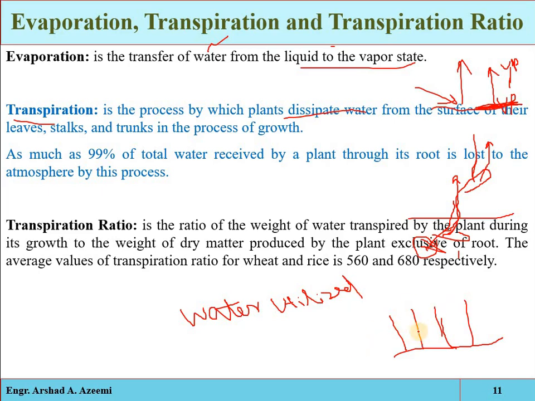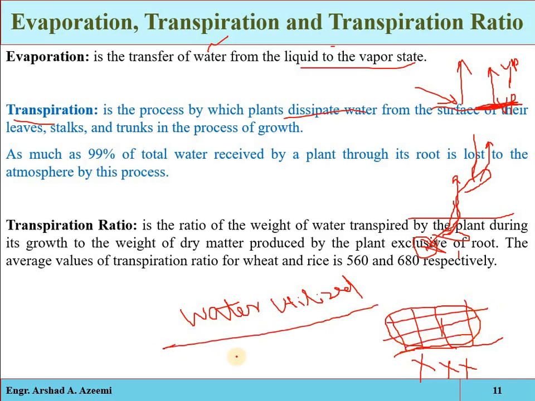And when you harvest this plant, how much dry product will be produced? Remember, excluding the roots. Without the roots, if you harvest this product and dry it, what will be the weight of that dry product? So the ratio of the weight of the water utilized divided by the weight of the dry product, excluding the roots, is called the transpiration ratio.